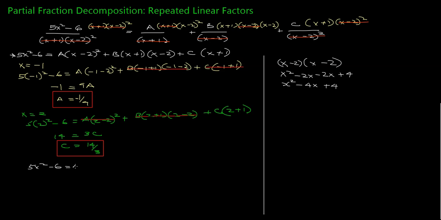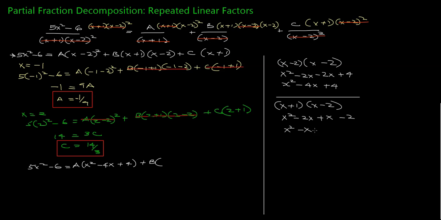So a is multiplied by x squared minus 4x plus 4. And the value of b, let's solve for b as well on this other side: x squared minus x minus 2 in brackets, and then we have c, which is plus cx plus c.